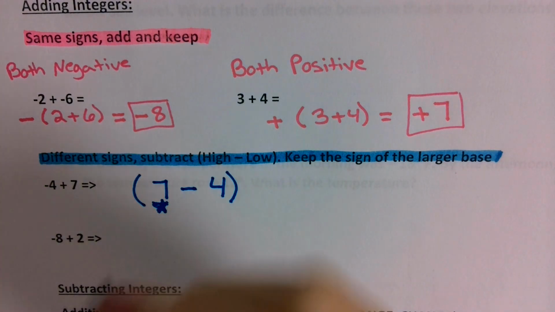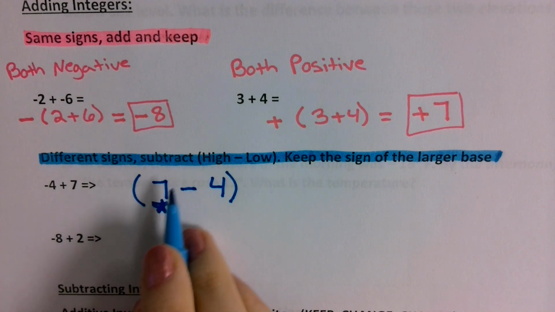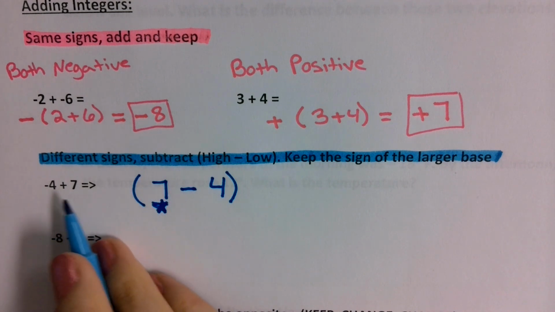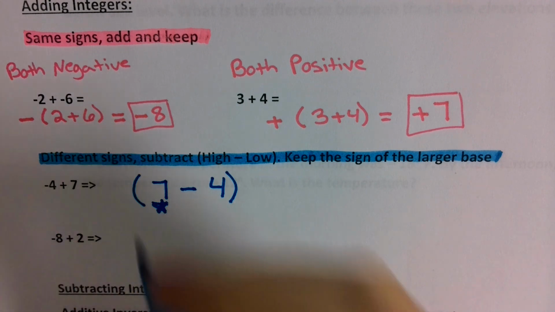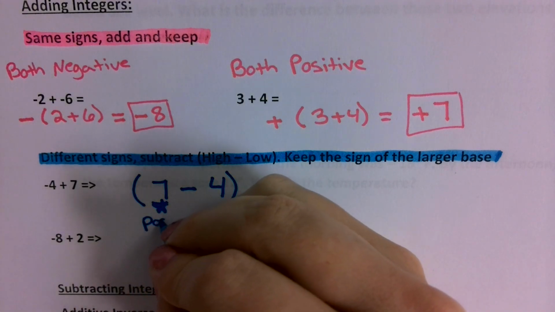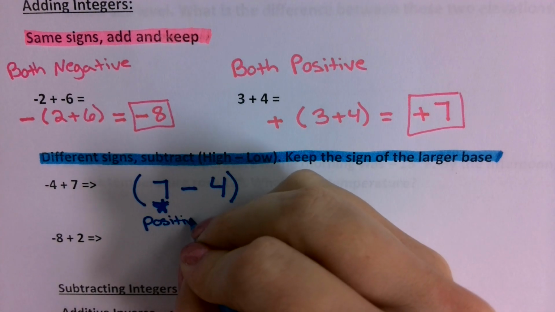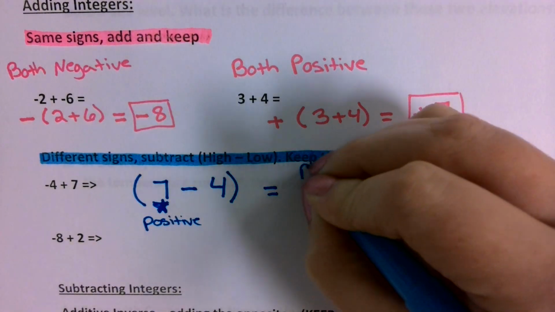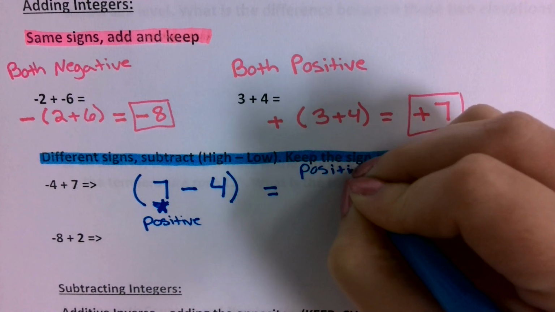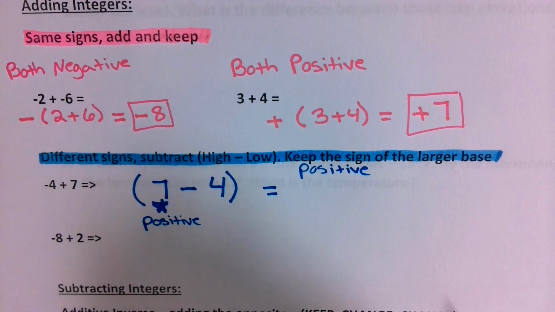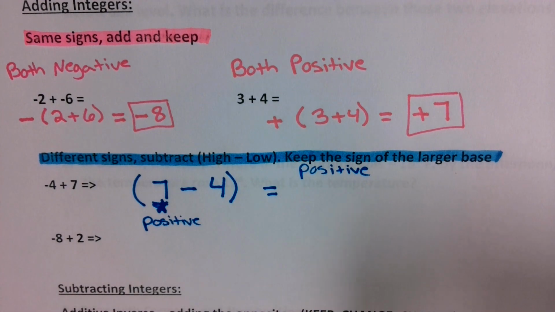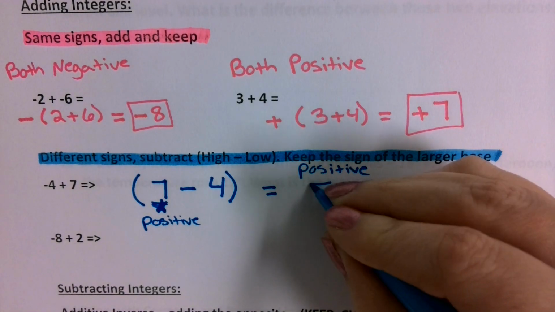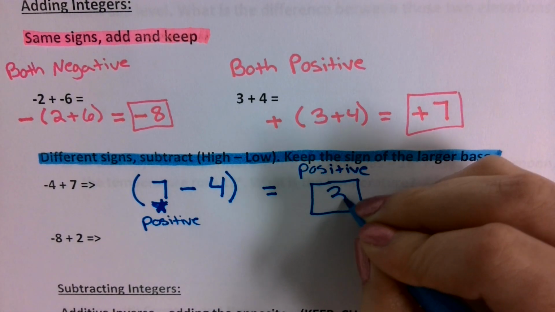It is my larger base. And was 7 positive or negative in the problem? Positive. 7 was positive, so I'm going to write down that this was positive, which means that my answer is also going to have to be positive. I need to make sure my answer will come out positive. And what's 7 minus 4? 3. So our final answer here is a positive 3.